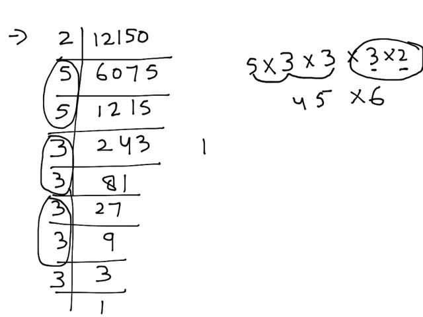So it means we have to multiply 12150 by 6 so that it can be a perfect square, and it will be 6 times 5 is 30, times 9 is 270. So if we multiply 12150 by 6, we will get 270 squared. So this is the method by which we find the number to multiply. First we find the prime factors, and by the left out prime factors we multiply the given number to make it a perfect square.